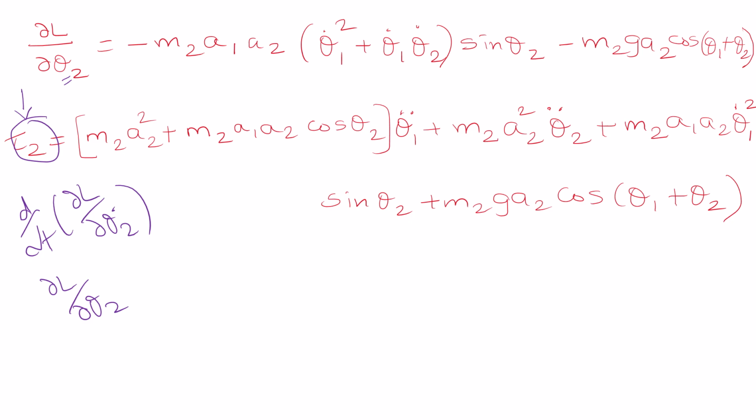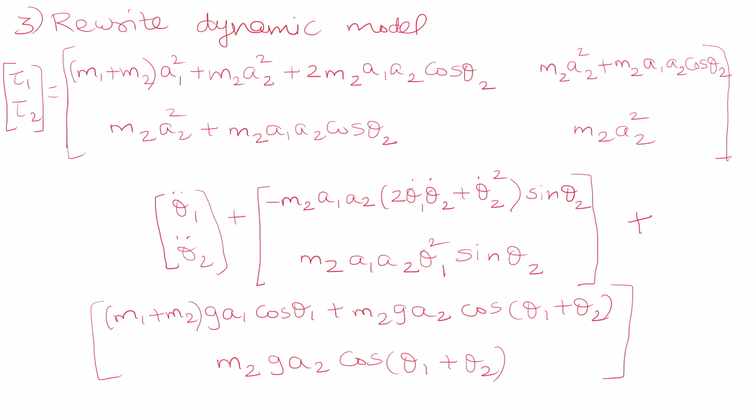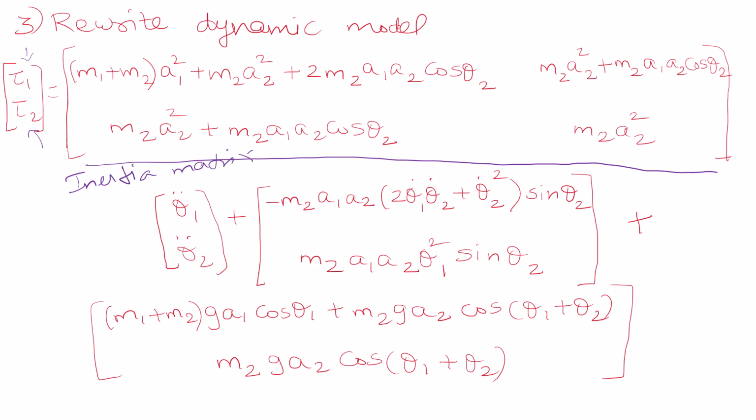Now the third step is that we have to rewrite the dynamical model. We have already got two equations, τ1 and τ2, so we just represent the equations in matrix form. This matrix is your acceleration matrix, or we can say your inertia matrix, right?